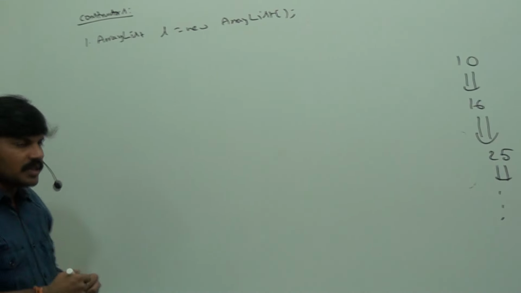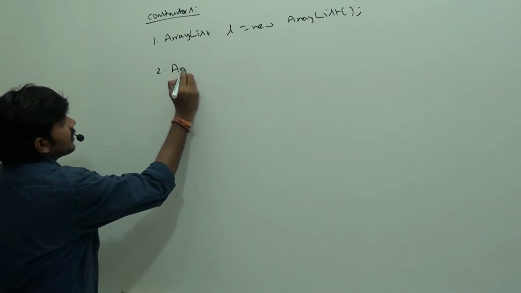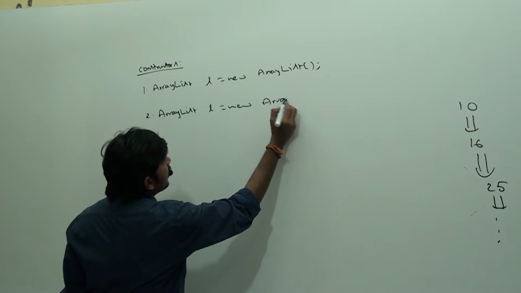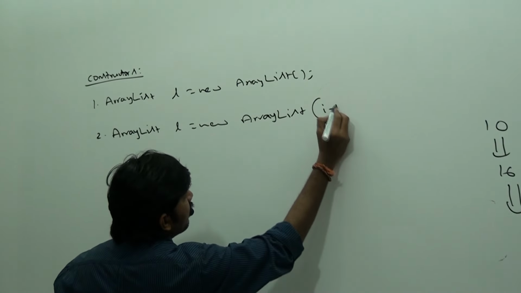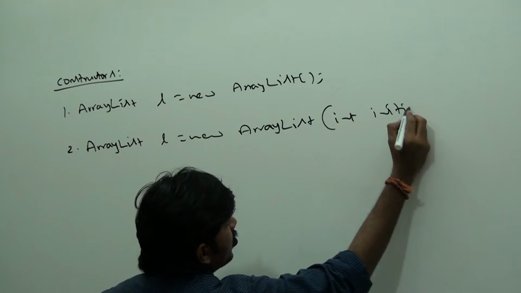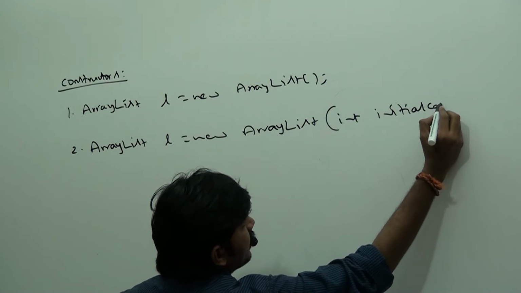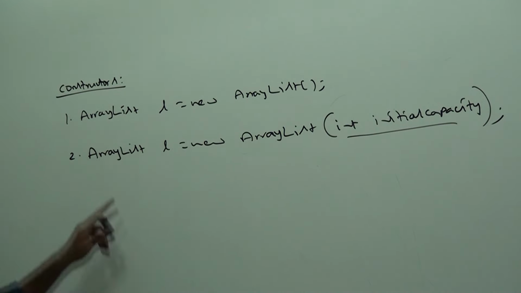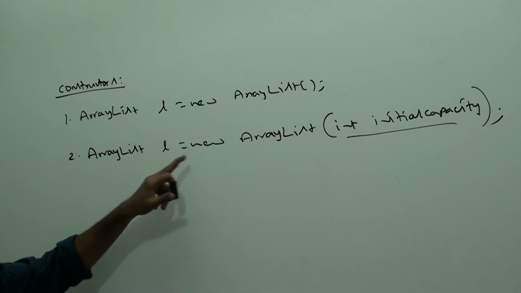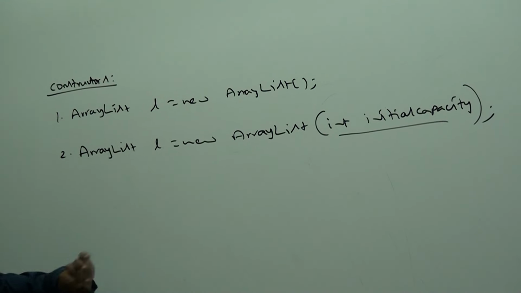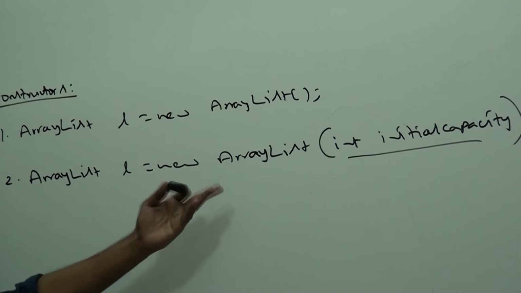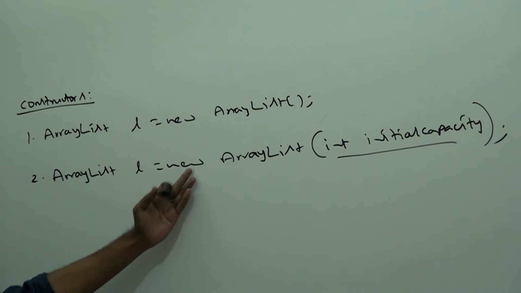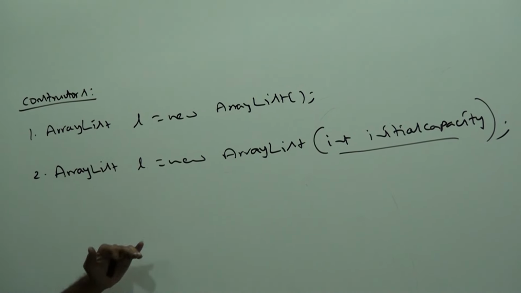If you want that, then we should go for the second constructor: ArrayList l = new ArrayList(int initialCapacity). With the capacity you specify, we can directly create the ArrayList object, so the performance of the system is going to be improved if I use this based on our requirement. If I'm sure I'm going to add 1000 objects, then it is better to go for this constructor. This is the second constructor.